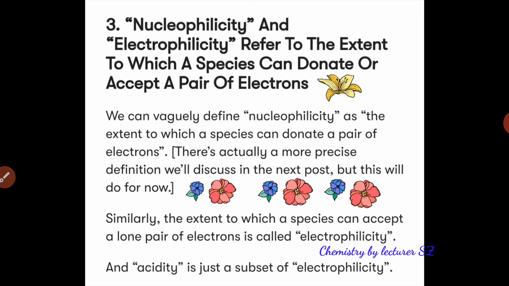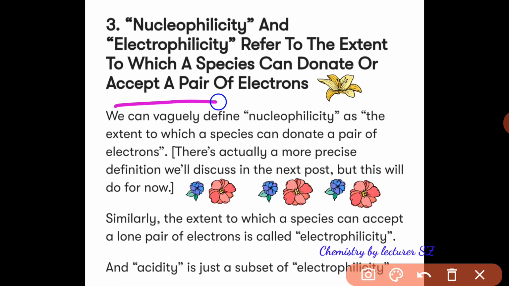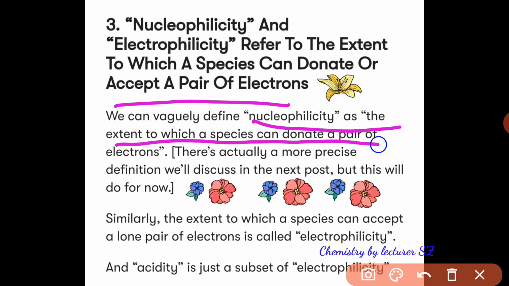Nucleophilicity and electrophilicity refer to the extent to which a species can donate or accept a pair of electrons. Here comes the definition of nucleophilicity. Nucleophilicity is the measure of how much a species can donate electrons. If any species is very capable of giving away its electrons, then it is a very strong nucleophile.